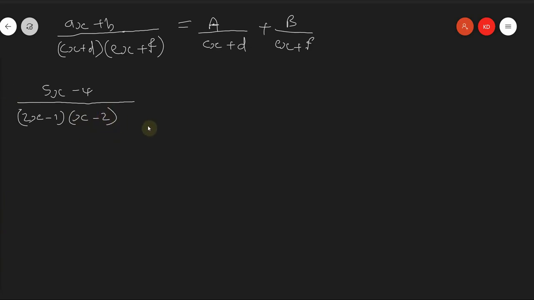Now, as you can recall from up here, we're going to write this as a partial fraction, so the numerators are going to be constants, a. For some reason my pen is lagging.